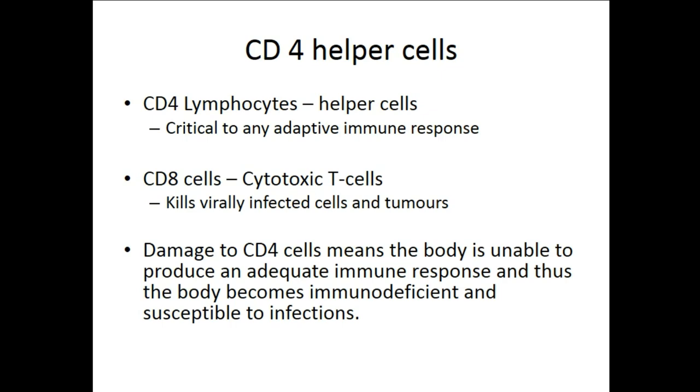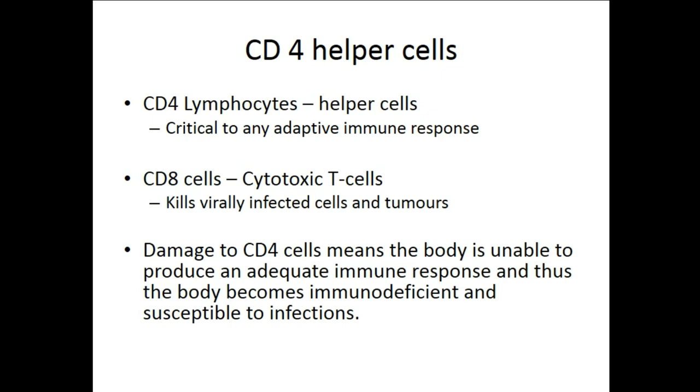The importance of CD4 helper cells cannot be highlighted enough, because the B cell response, which produces antibodies, and the CD8 response both require CD4 helper cells. Without CD4 helper cells, you won't get a B cell response, or certainly you won't get an effective B cell response.